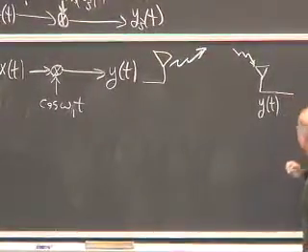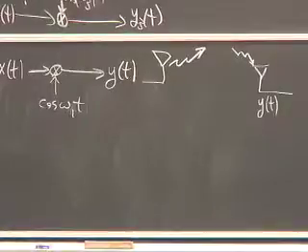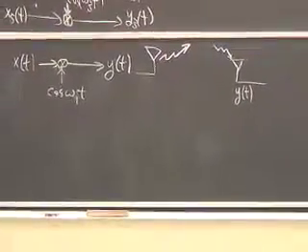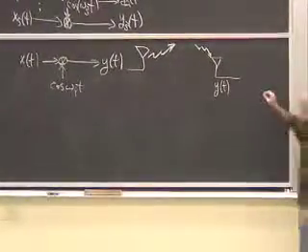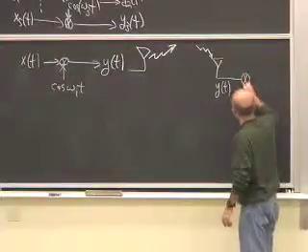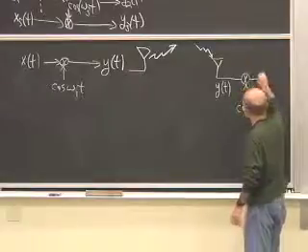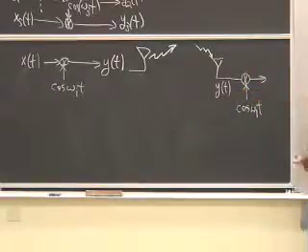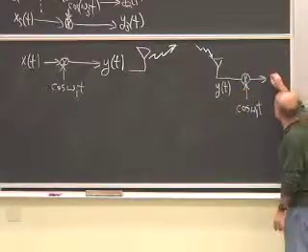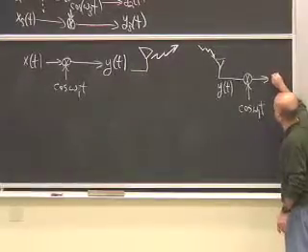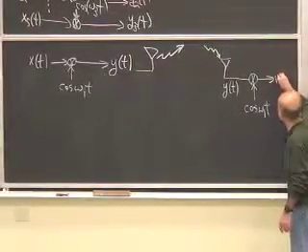Last time, in answer to a question of how do you get this thing back, I said, well, at the receiver, you multiply by exactly the same cosine. Let's call this one W of t.